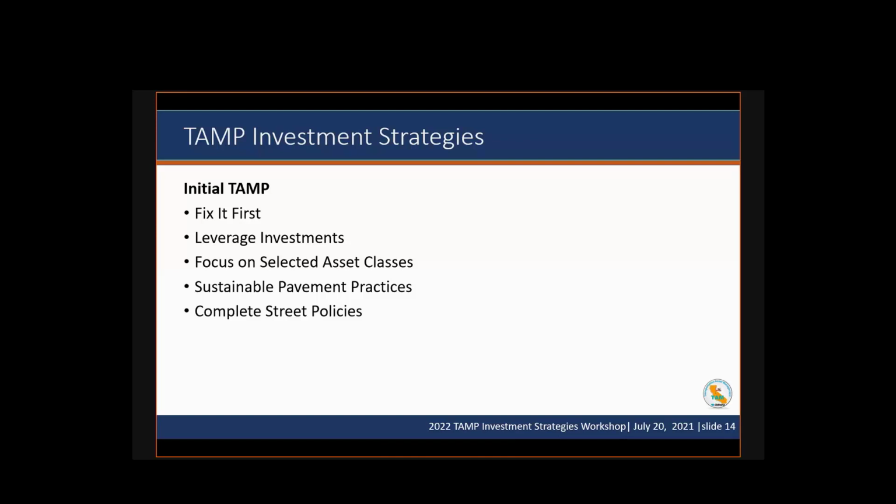So we want to leverage all of that to the best advantage of the system. We can focus on selected asset classes. That's typically done, though there's a point of diminishing return to get too small on these asset classes. Maybe we have a strategy about sustainable pavements or just sustainable transportation in general. And then we might want to think about what we are doing for other modes, bike, ped, transit, above and beyond what we're thinking about just in terms of the people and vehicles operating on our roadways.